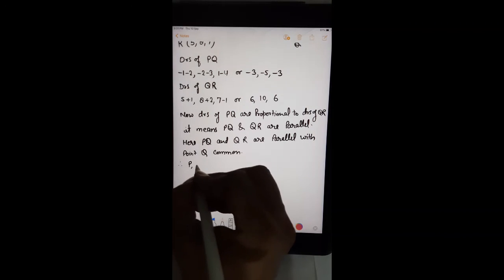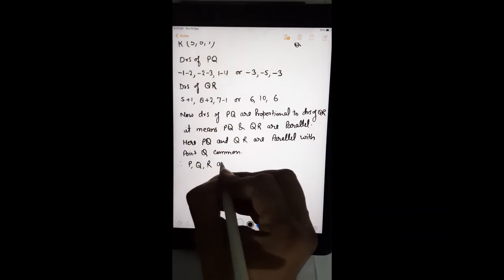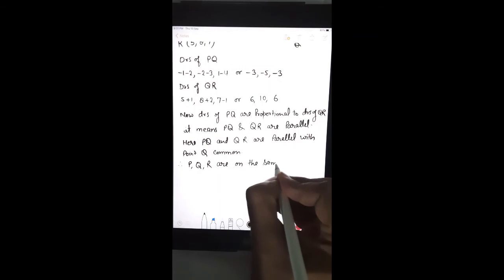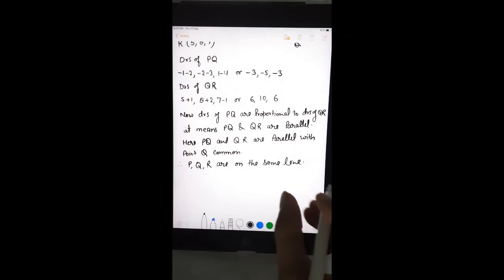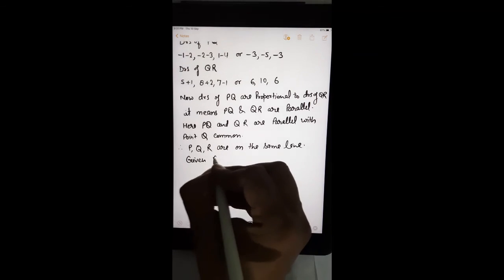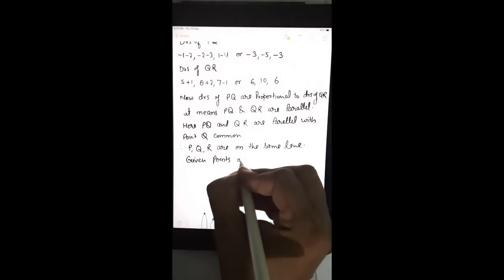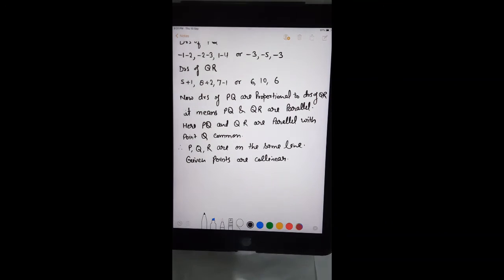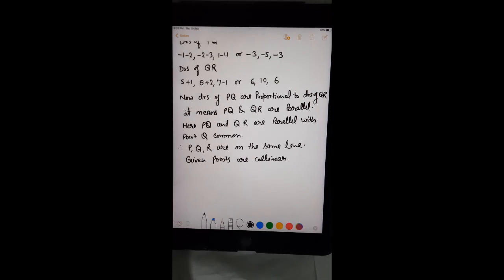Therefore, P, Q, R are on the same line, or we can say the given points are collinear. So the concept of direction ratio is very useful to prove that two lines are parallel or that three points are collinear like this.